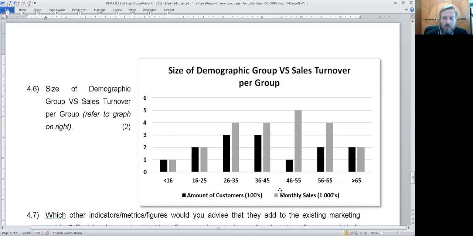You can also give the scenario where you say, listen, we need to focus our advertising a lot on the age group of 46 to 55, because even though there's only 100 people coming in the store, they're generating 5,000 in sales. Or you can say we need to target the age group younger than 16, who might like sweets and things like that.